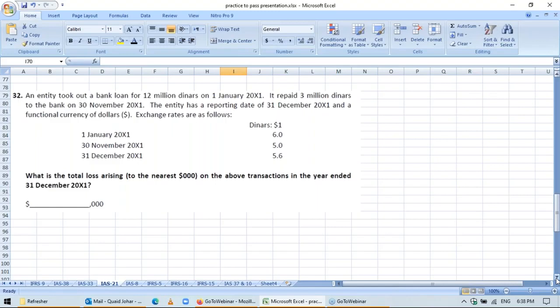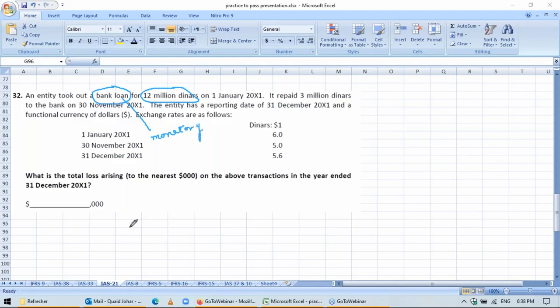So now, first check: is the bank loan monetary or non-monetary? This 12 million dinars bank loan, monetary or non-monetary? It's a monetary item because you do know exactly how much money is to be paid in future. So it's a monetary item.